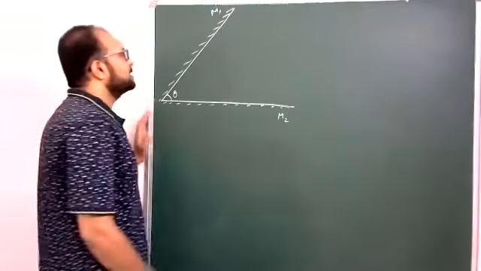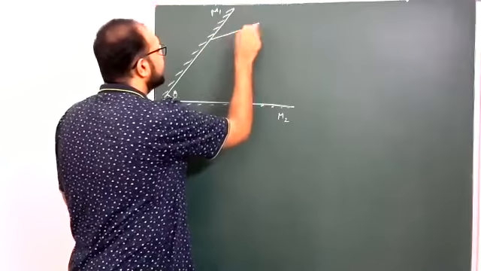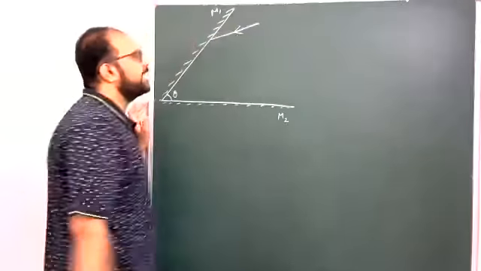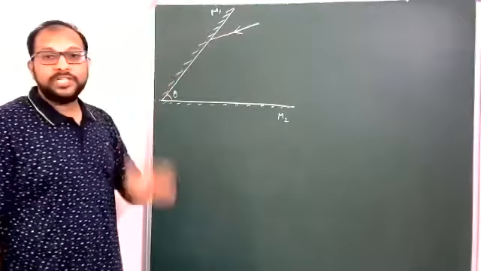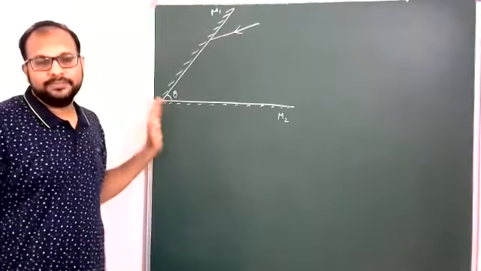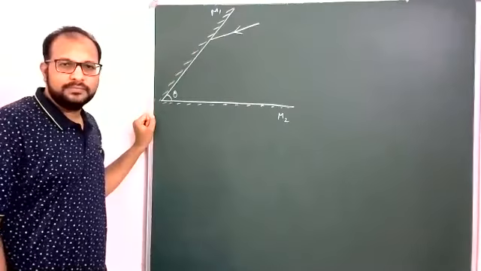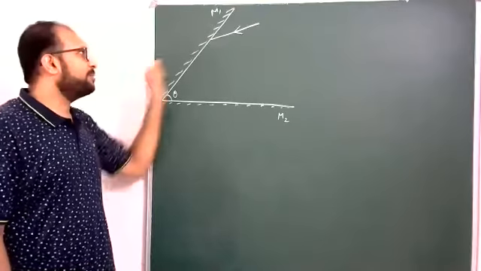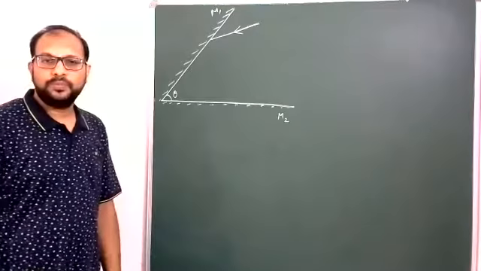Now, suppose one light ray is incident here. This is the original incident light ray. Now this light ray is incident on M1, and after reflecting from M1, it is incident on M2.